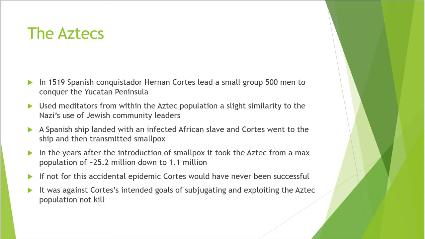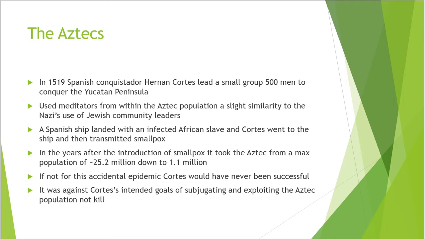This use of people within the indigenous population draws similarities to how the Nazis used Jewish community leaders to help organize the removal of Jewish individuals during the Holocaust.